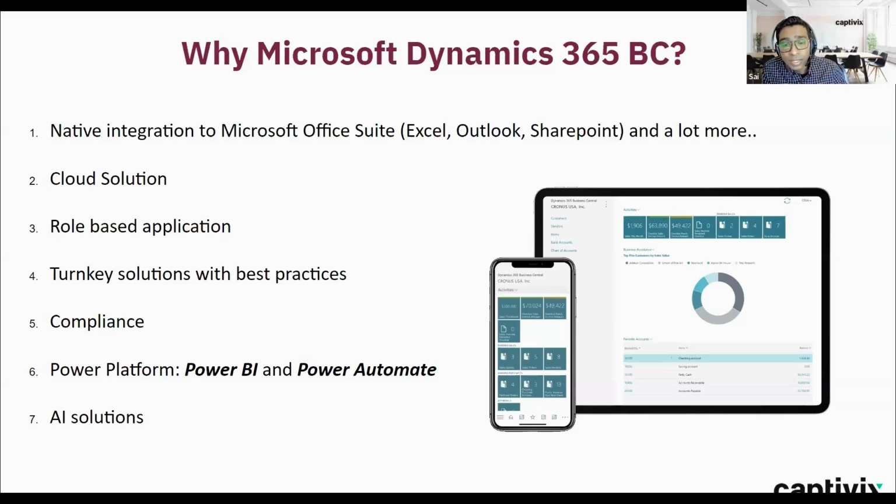So there could be other systems out there that you want to be communicating with Business Central, and Power Automate can do that, right? Something within the system we can talk about, like, you have a document, let's say a purchase order, and you want your purchase manager to approve the order before it can be sent out. You can turn on a workflow which can notify the manager when a PO is being created, right?